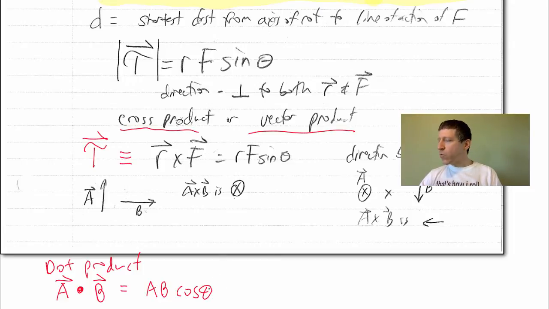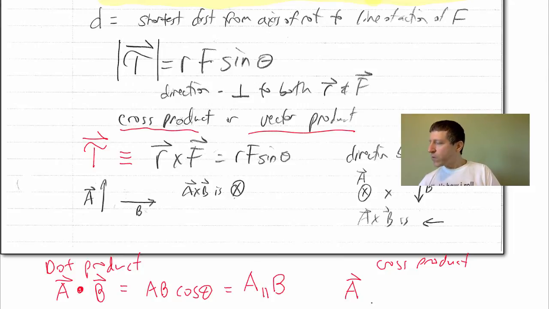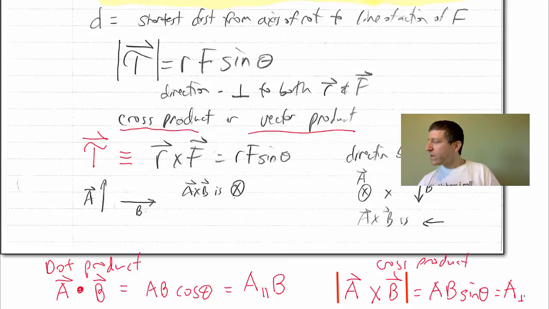And a way that you could write this is just A parallel times B. The component of A parallel to B times B is a magnitude only. The cross product, A crossed on B, is equal to AB, the magnitude is AB sine theta, which is A perpendicular times B, and it is a vector.